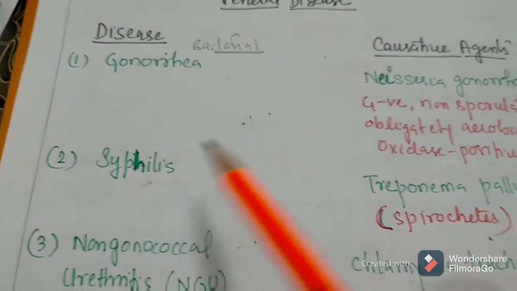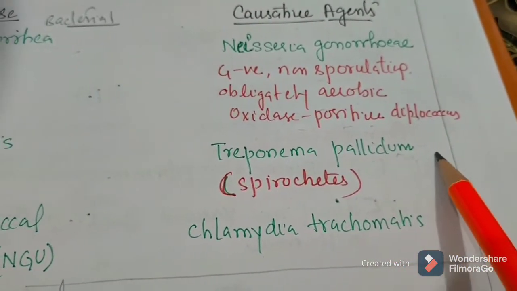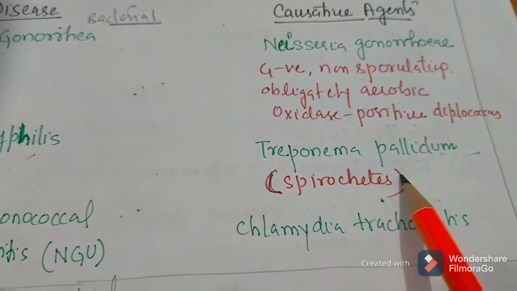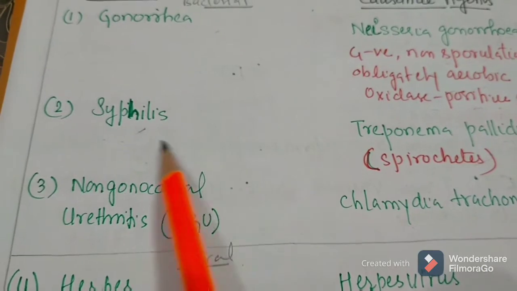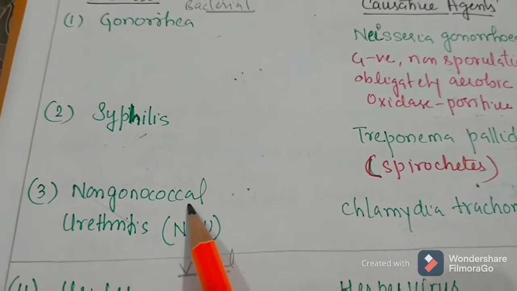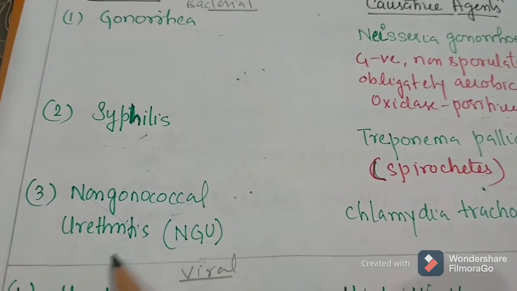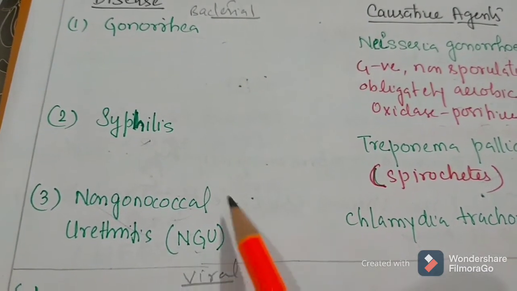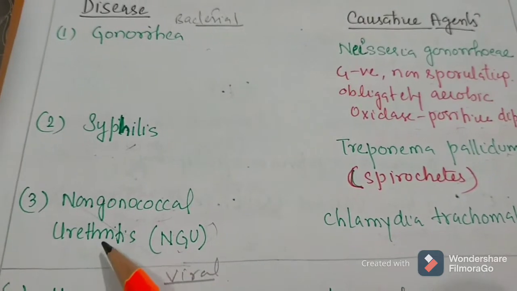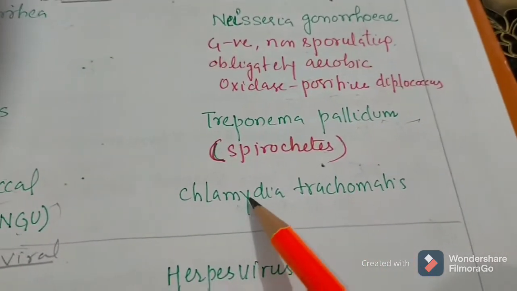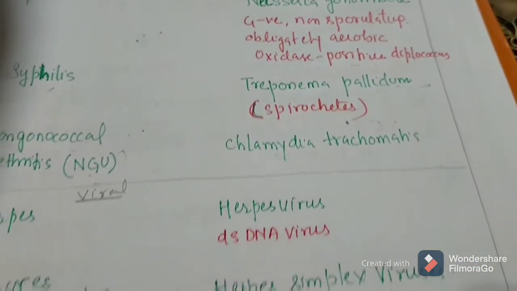Then syphilis, caused by Treponema pallidum, a spirochete. Then some other genital infections not caused by gonorrhea are called non-gonococcal urethritis, NGU. It's a urethral infection caused by Chlamydia trachomatis.